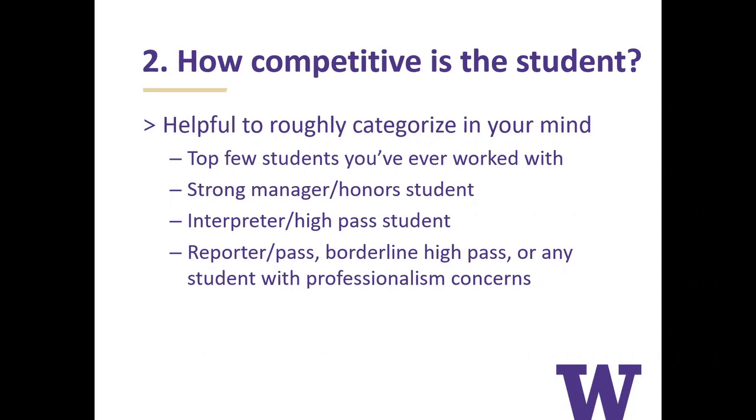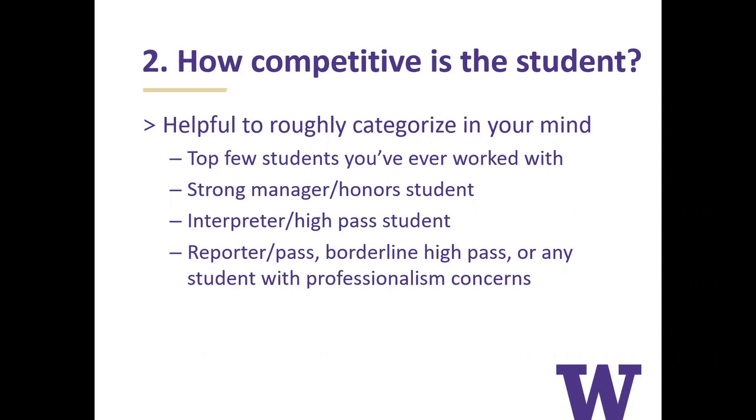But I categorize the students in my mind as like the top few ever. They blew me away. They could be my doctor tomorrow. Other really strong students that fit what we call the manager criteria or honor students in our system, where they are looking pretty close to an intern. They need more supervision than an intern, but at the 4th year level, especially, they're pretty close to an intern.